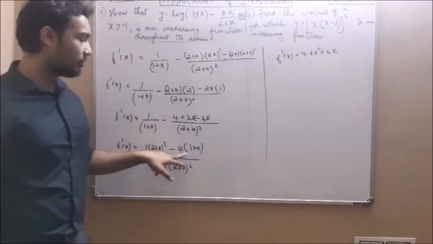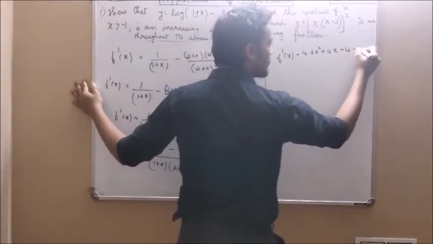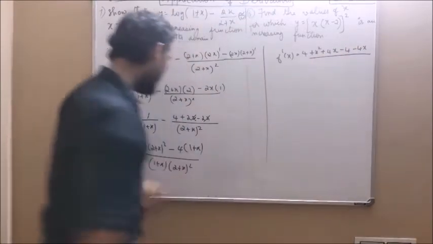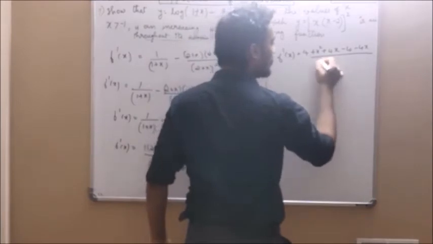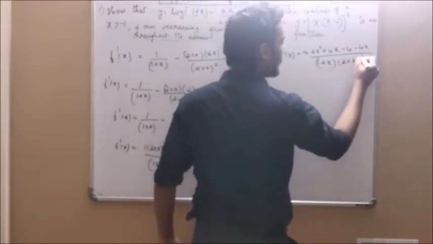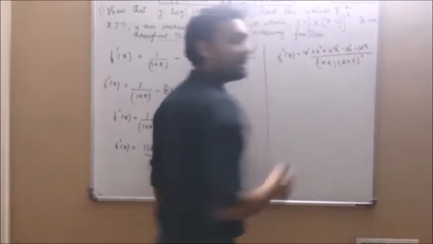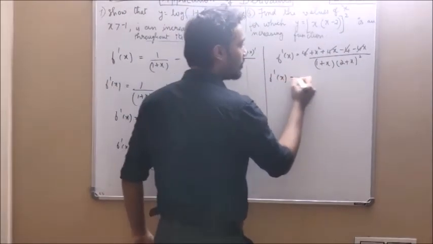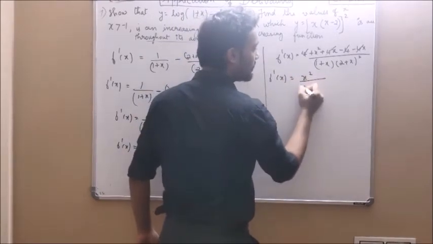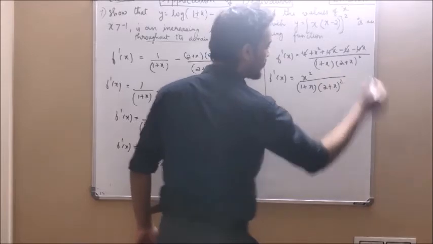Next minus 4 minus 4x, divided by (1 plus x) into (2 plus x) the whole square. So the 4 cancels, the 4x cancels, equal to x square divided by (1 plus x) into (2 plus x) the whole square.